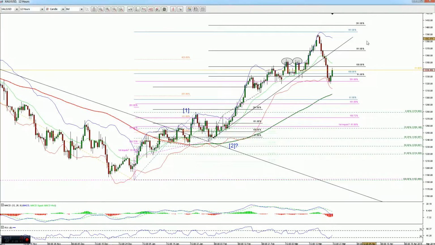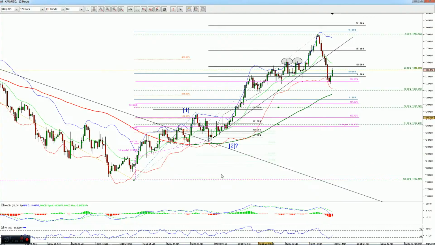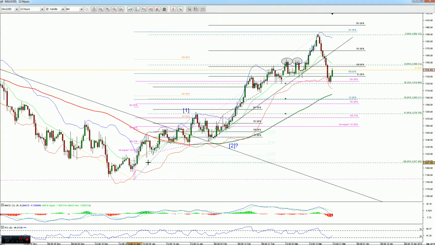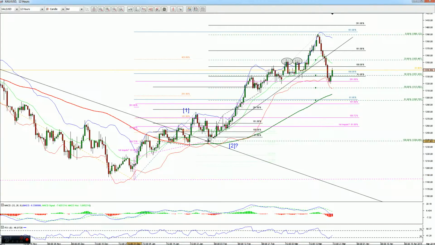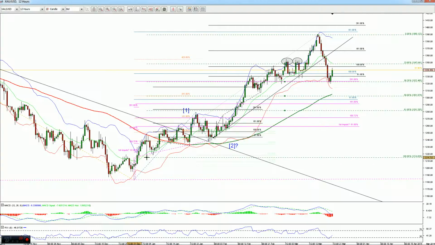So there could be a corrective structure now in this area, because the market may make some corrective movements. Let's check it that way. If we have a top here for the third wave, the question is where is the beginning of the third wave? Either here, or it was here. 1 2 3, 1 2 3.